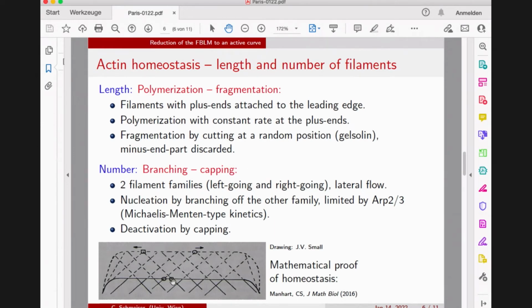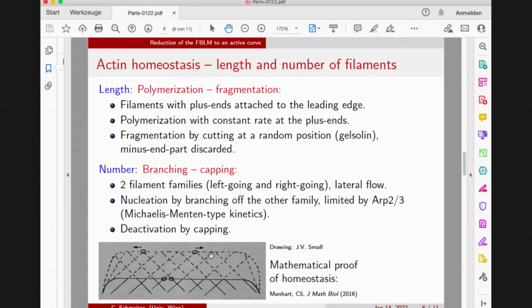If you look at the picture down here, which is a very old cartoon by Small, drawn by himself, you see that if you have the leading edge here, and these filaments grow, and then you look at the leading edge a little bit later, then the growth of the inclined filaments has as a consequence that the ends of one family move to the left and the other ones move to the right.